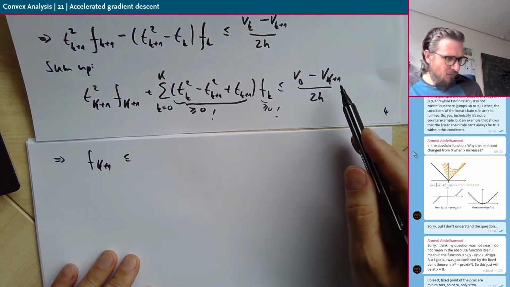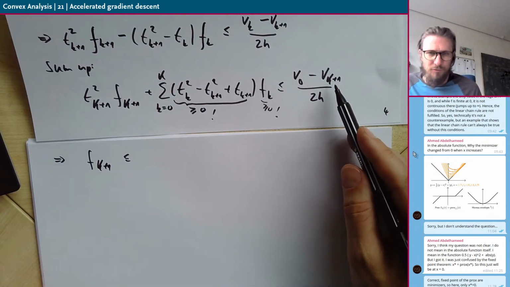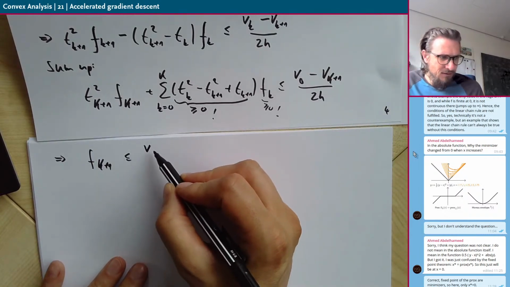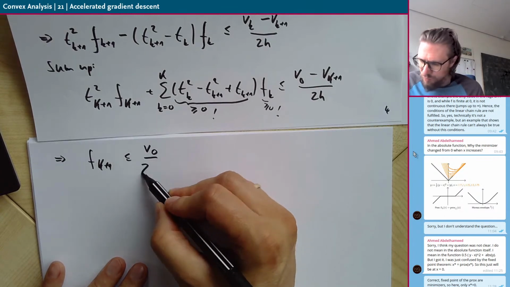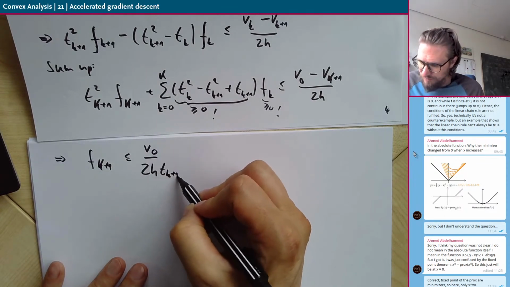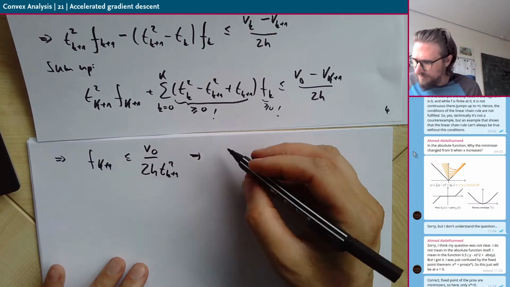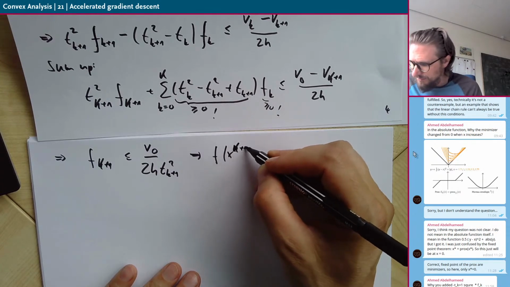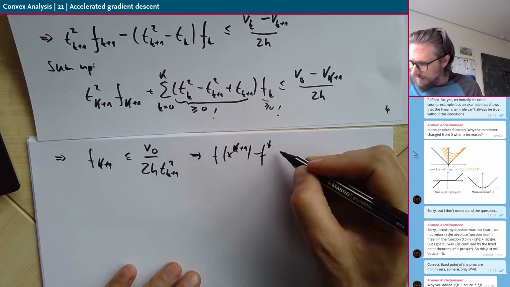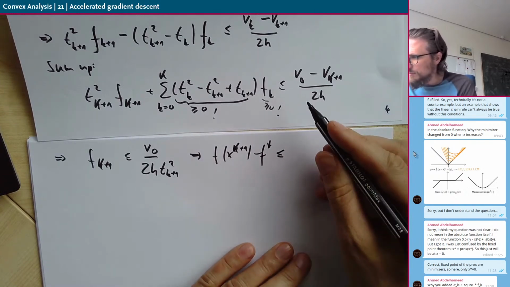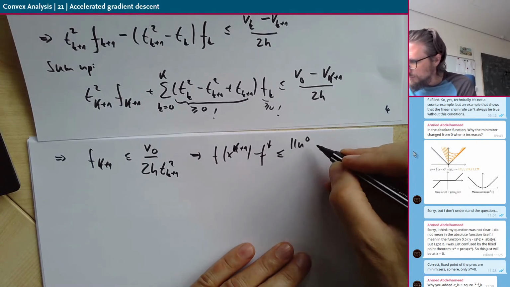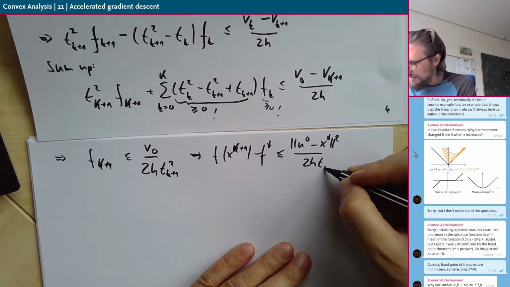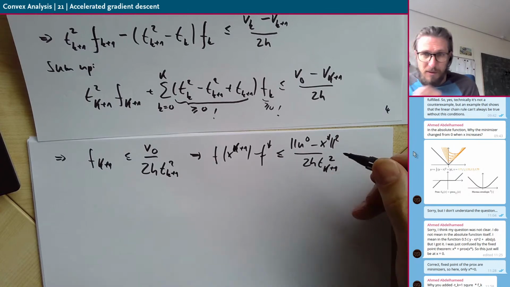We also throw this v_{K+1} away, because this is supposed to go to 0 anyway, but we don't care too much. It's smaller than v_0 divided by 2h t_{K+1}², and this, just write it out, that's f(x_{K+1}) − f* smaller or equal to, and this v_0 is actually ‖u_0 − x*‖² divided by 2h t_{K+1}².